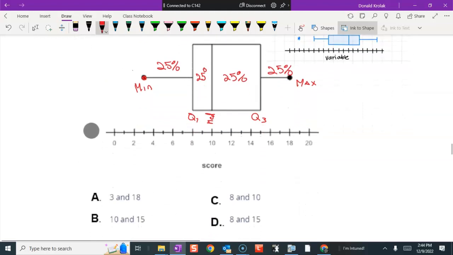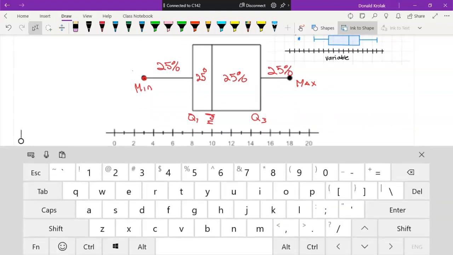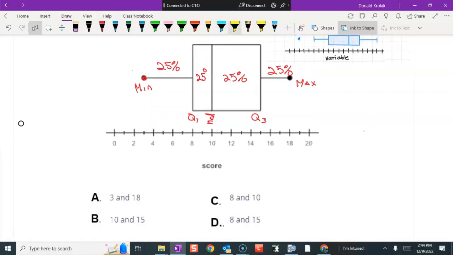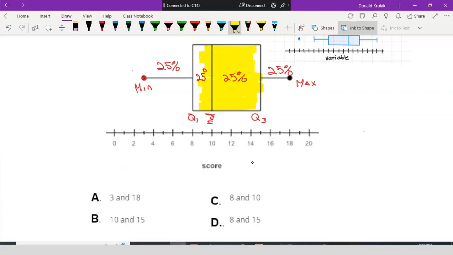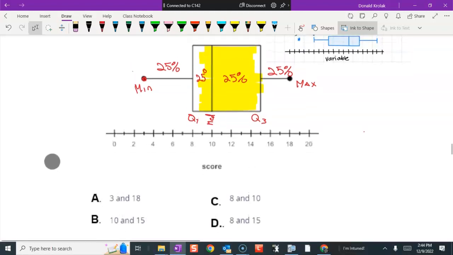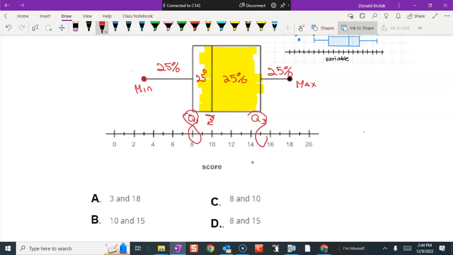The question is, what's the middle 50? So the middle 50 is the same as the length of the box. Okay, so the middle 50% would go from 8 up to 15.